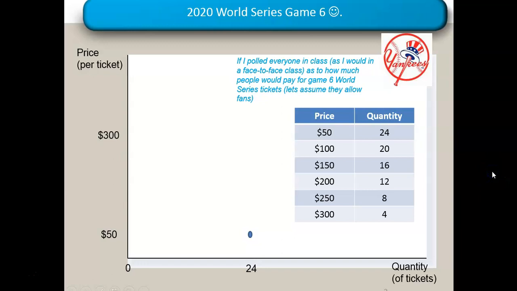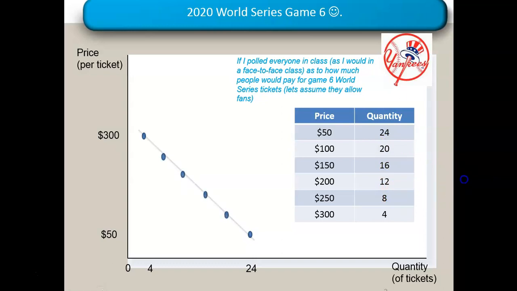If it's $300, well, now only 4 people want to go, and hopefully it's logical that if the price is higher, fewer people want to buy the product, fewer people can afford it. There's a higher opportunity cost. You know what you would have done with $50? I can't do nearly as much with that as you could with $300. So 4 people want to go, and that's represented by that point. And we could plot each of the other 4 points, and they would go somewhere in between.